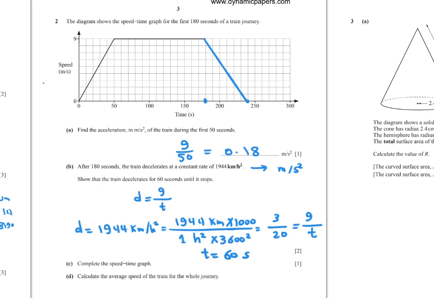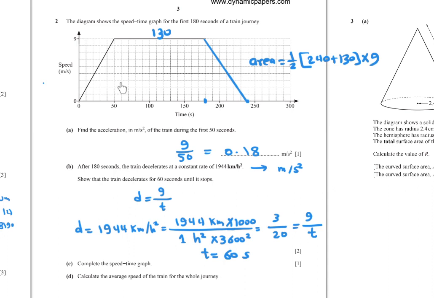So area equals half into base 1, which is 240, base 2 from 50 to 180, so 130. So half times 240 plus 130 times the height, which is 9.